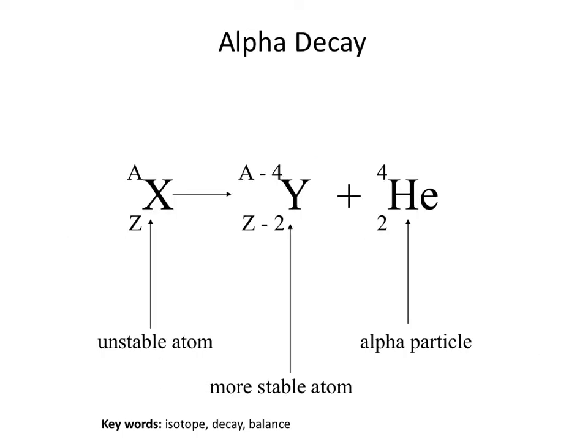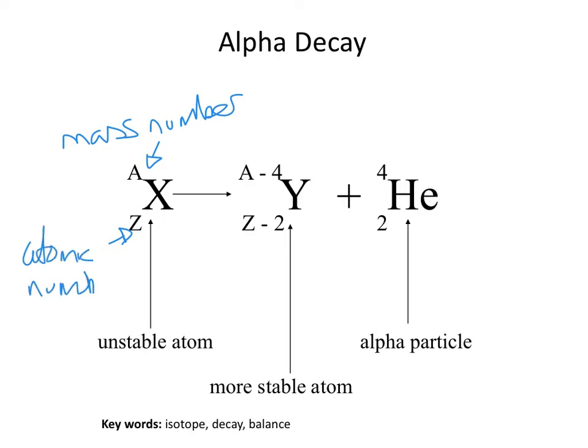All right. So if we look here, we can see we've got our unstable atom. It's just named X in this case. It's got a mass number and an atomic number. The mass number's at the top, and this is the atomic number. When it gives out this alpha particle, it's going to lose 4 things from the nucleus.